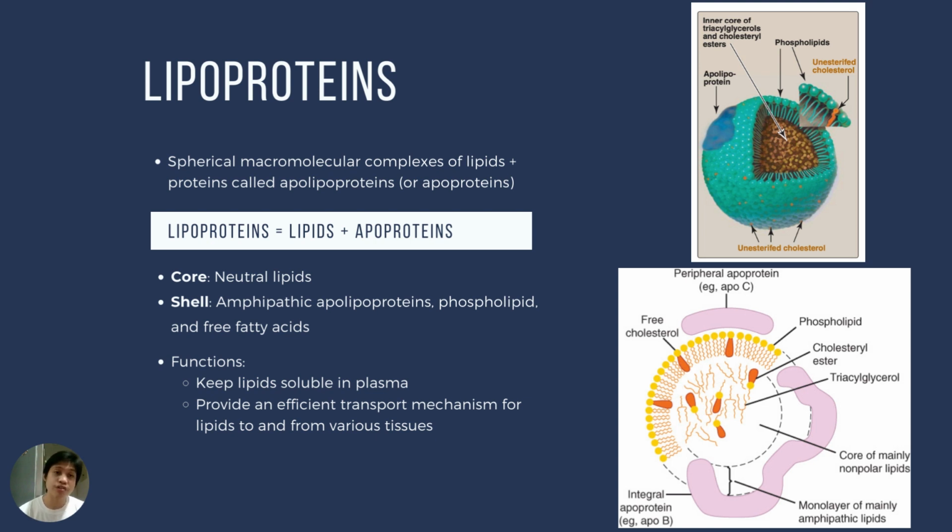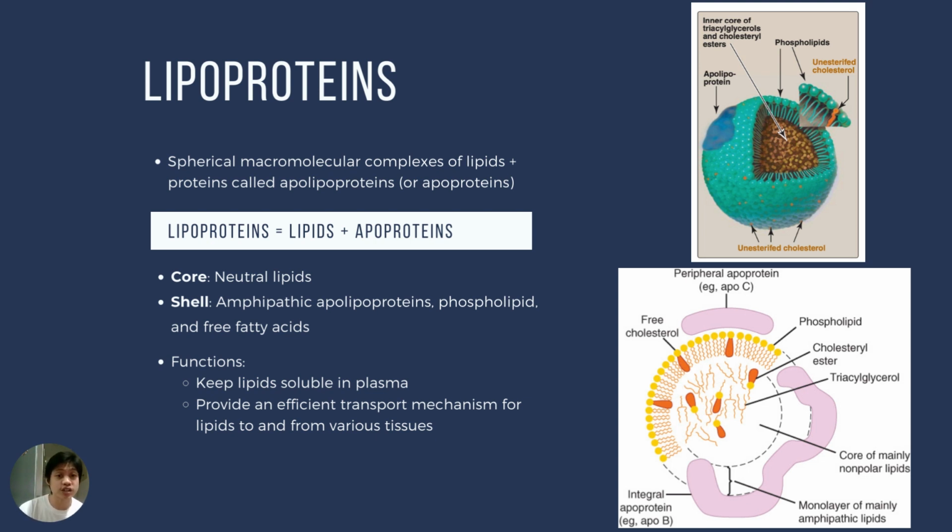The core of the lipoprotein is usually a neutral lipid in the form of triglyceride and cholesterol, and the shell of the lipoprotein is usually amphipathic apolipoproteins, which means the proteins. So they are found in the shell or in the periphery of the lipoprotein molecule. We also find in the shell phospholipids, which have a hydrophilic portion, and free fatty acids.